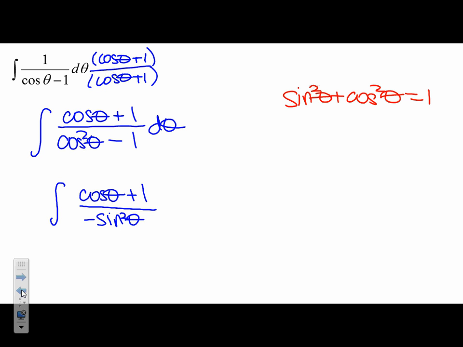Separate the factors. Okay, we can't do u substitution yet because, first of all, our u is going to have to be sine, right? Well, we have cosine plus 1. So we're going to need to separate this out to negative cosine over sine squared minus, wait, aren't you missing a d theta?